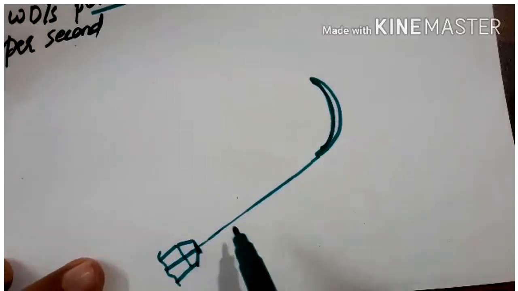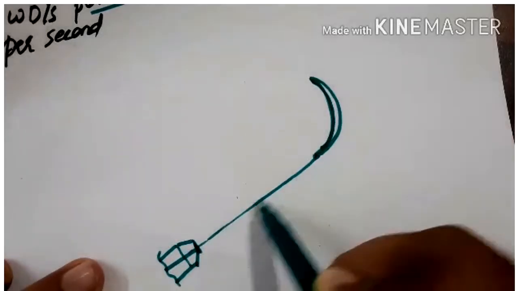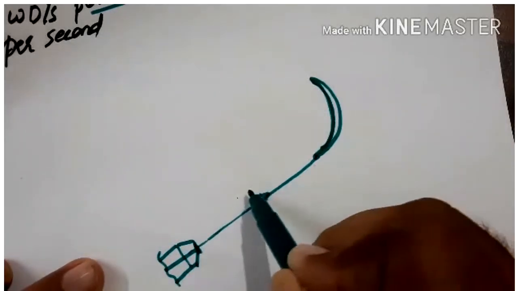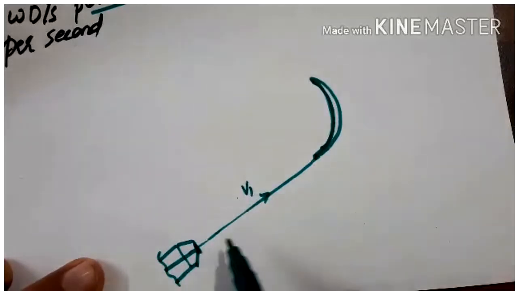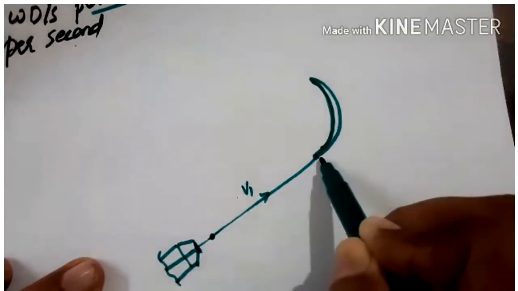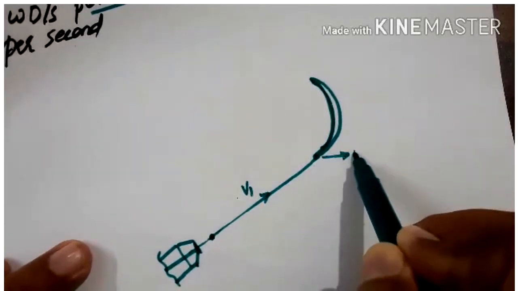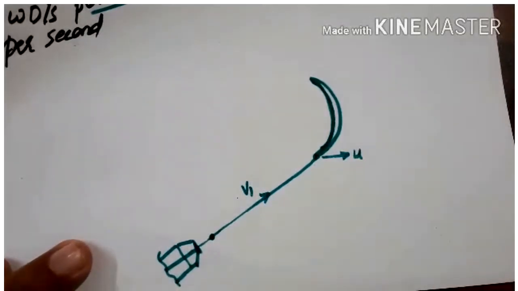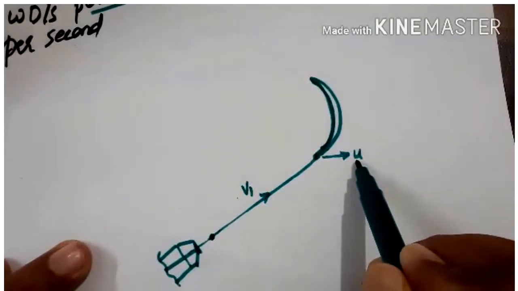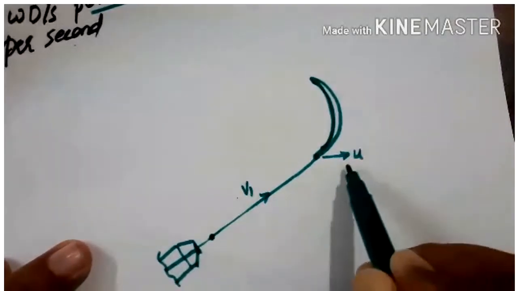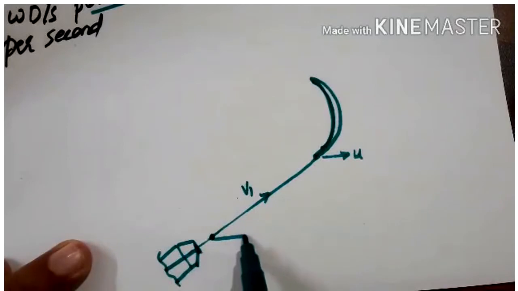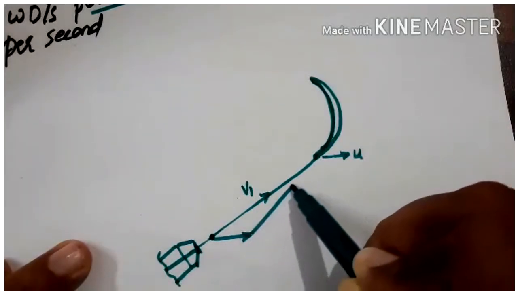This is velocity V1. When the jet strikes, the vane starts moving in the x direction with velocity u. The velocity of the vane is represented here as u.